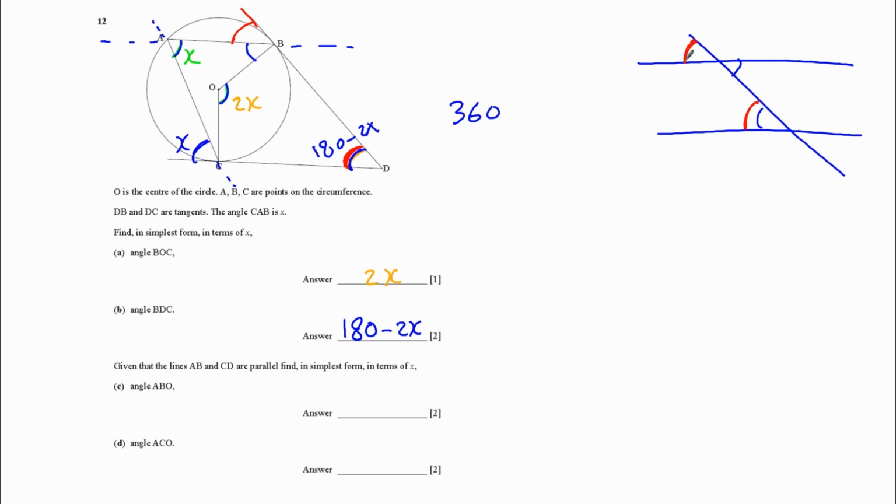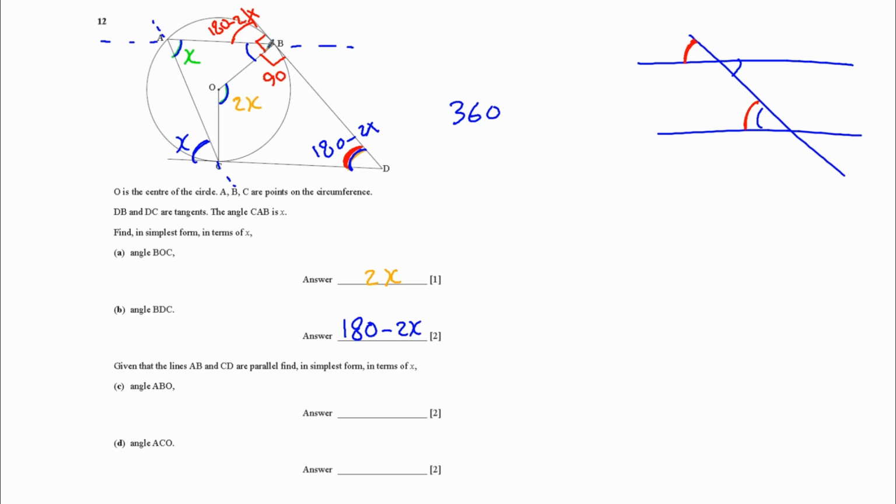So what that basically means is that we knew this angle here is 90. We know that angle there is 180 minus 2x. So the total of that angle, the other side, would be 90. So this angle ABO, that is what we want to find out.